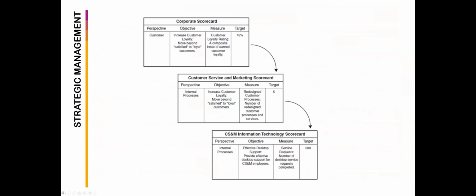So if you are, let's say, the department head, you need to understand how your scorecard is affected by other scorecards and how your scorecard will affect other scorecards. It's a collaborative effort from the entire organization, and the scorecards would be a very helpful way to illustrate that synchronization or synergy across departments.